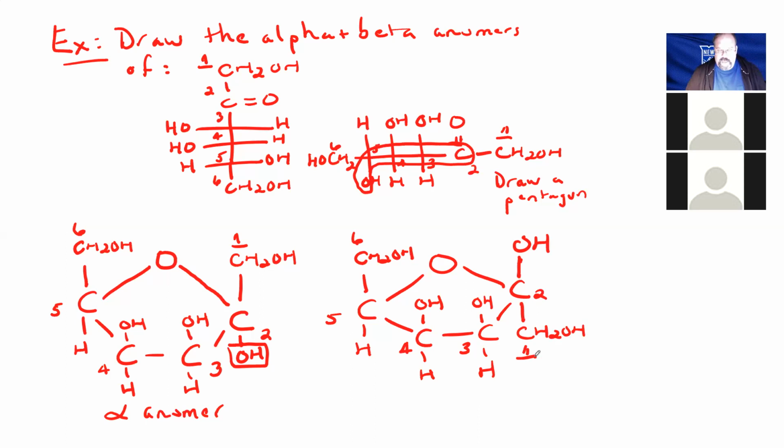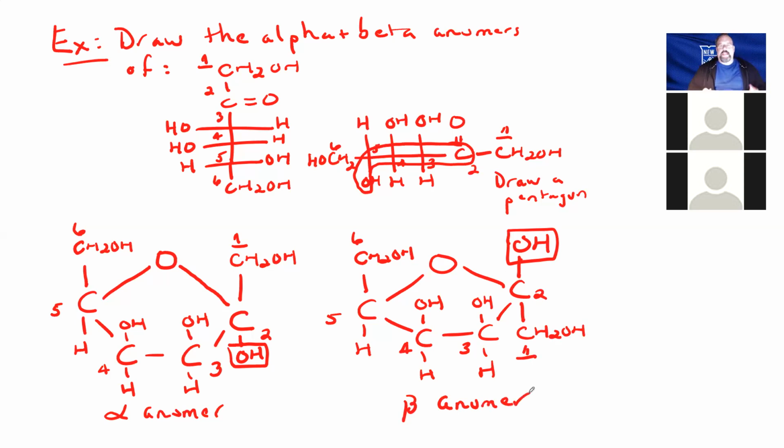But in this particular case, because the OH on carbon number 2 is going in the upwards direction, on our new chiral carbon, what anomer of this ketohexose would I have made here? This would be the beta anomer.